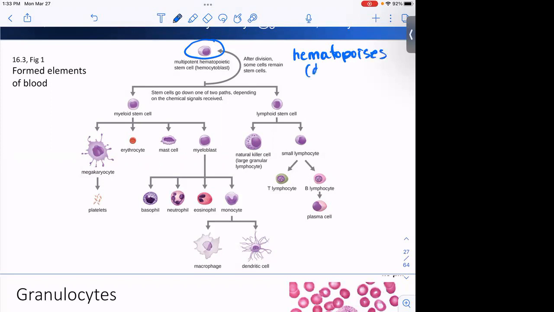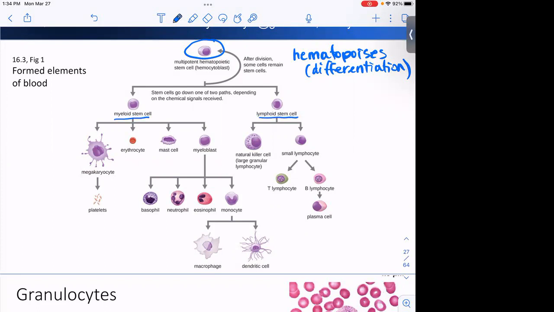Again, that just means a process of differentiation. Those stem cells can develop into different kinds of stem cells, myeloid stem cells and lymphoid stem cells.